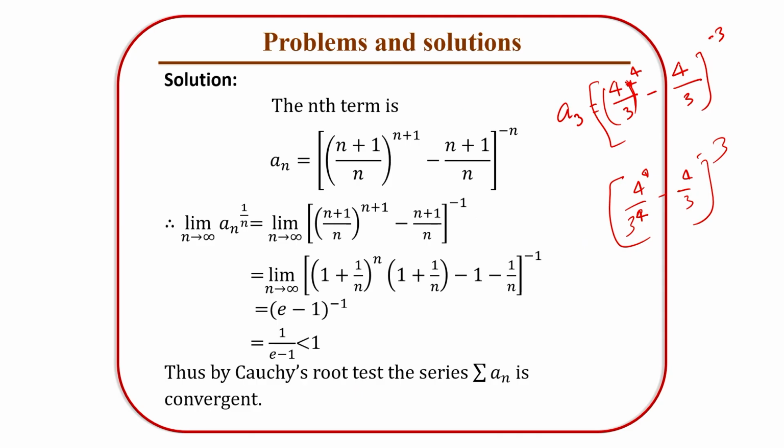That means the nth term can be written in this form. Now calculate the limit as n tends to infinity of a_n to the power 1 by n, right?